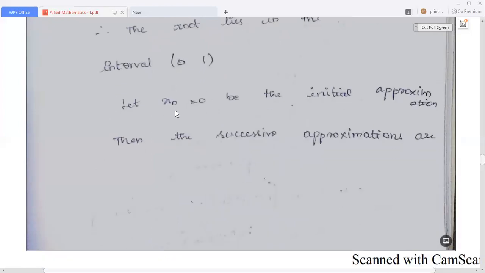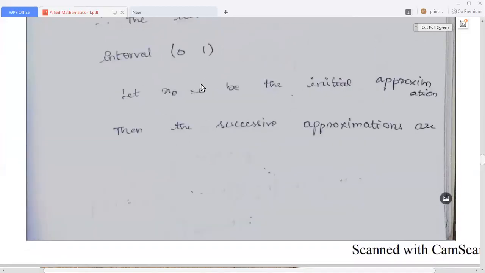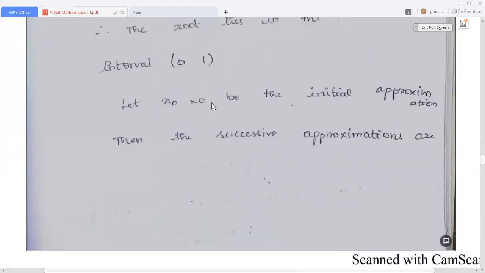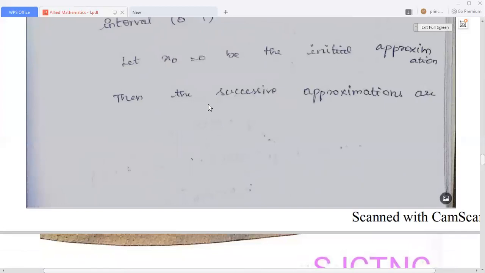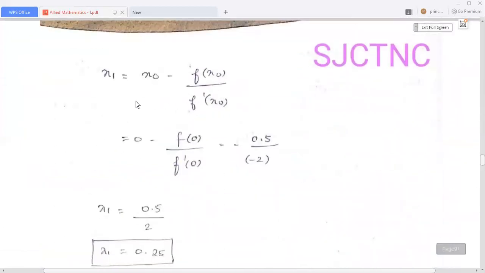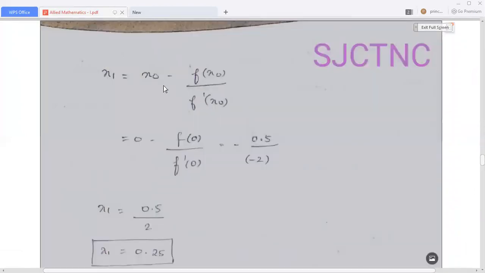Next, we choose the initial approximation x naught. We can take any value for x naught in the interval 0, 1. So here we take x naught equal to 0 as the initial approximation. Then the successive approximations are x1 is equal to x naught minus f of x naught by f dash of x naught.